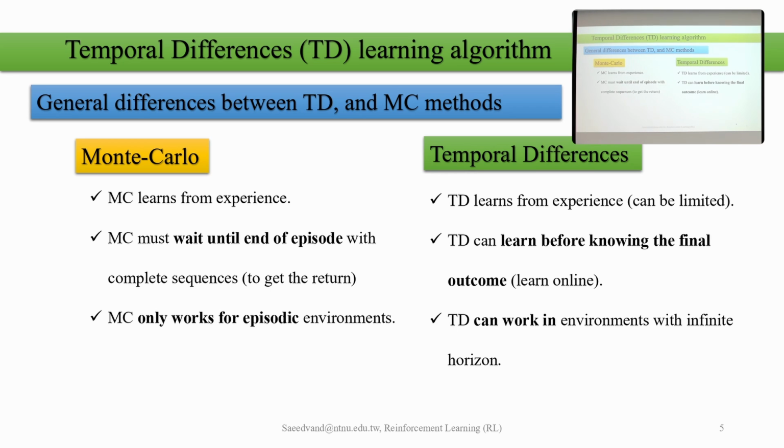So based on this concept, we say in Monte Carlo approaches, the algorithms must wait until the end of the episode. But in temporal differences, we can learn before knowing the final outcome.